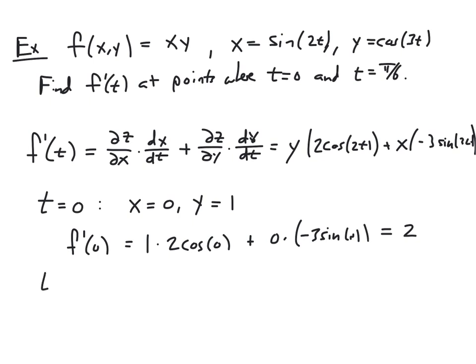Now, when t is pi over 6, we see that x is going to be the sine of 2 times pi over 6, so the sine of pi over 3, which is square root of 3 over 2. And y is going to be the cosine of 3 times pi over 6, so that would be the cosine of pi over 2, which is 0.